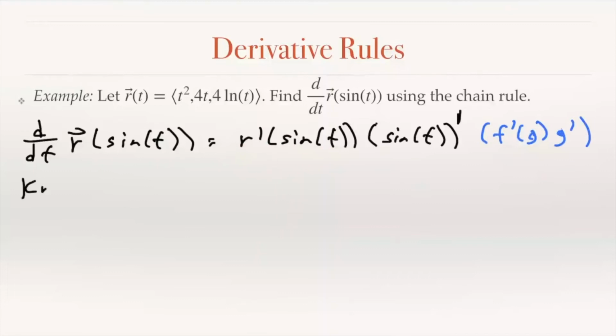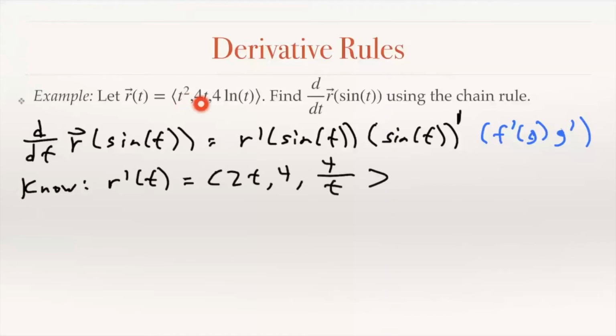Okay, so we know that r prime of t, taking the derivative of r of t, is 2t, 4, 4 over t, as we found earlier, and as you can re-verify. And the derivative of sine of t is just cosine of t, as we know.